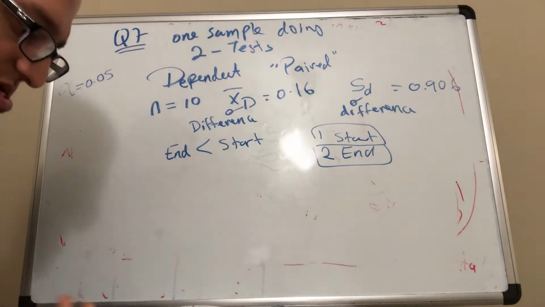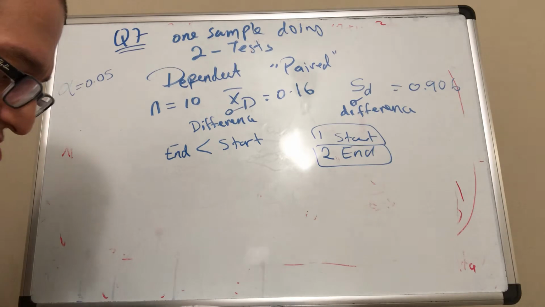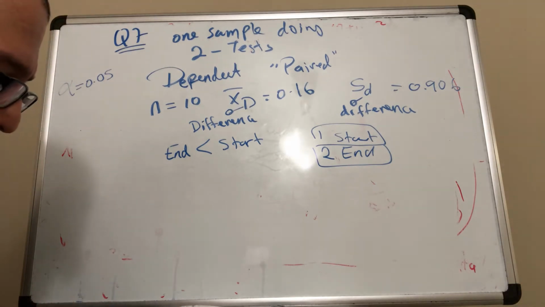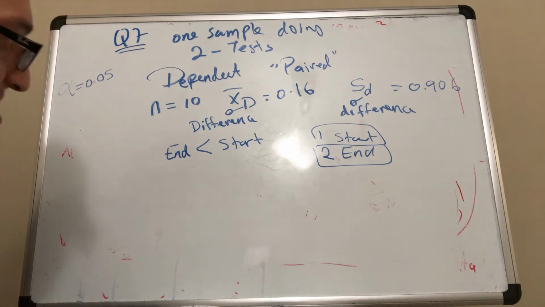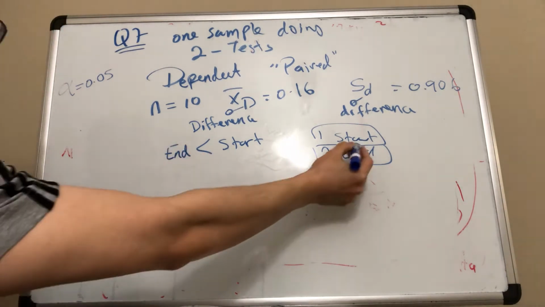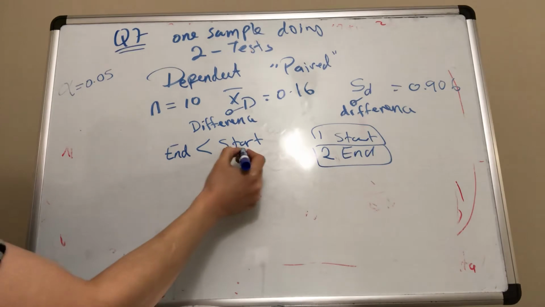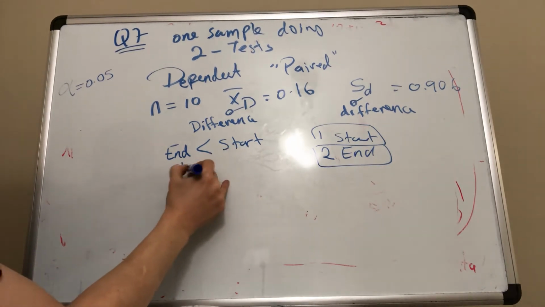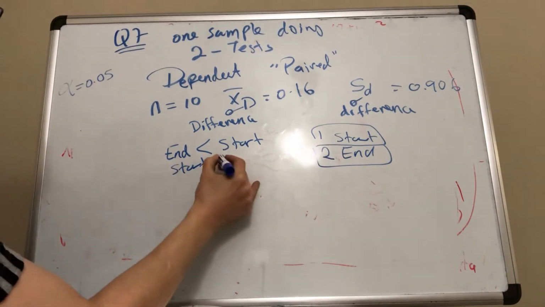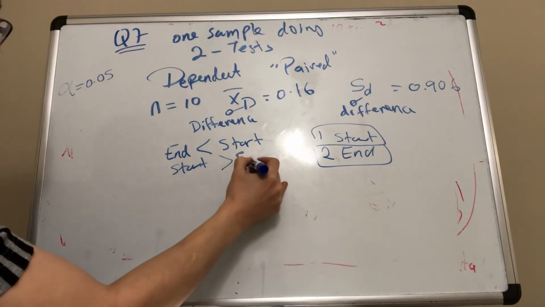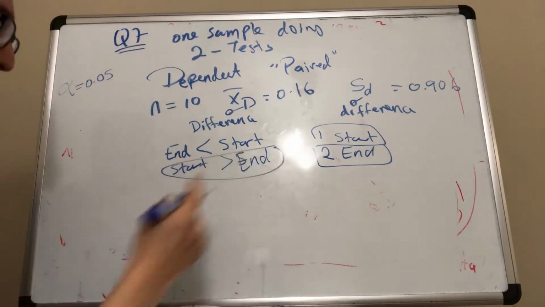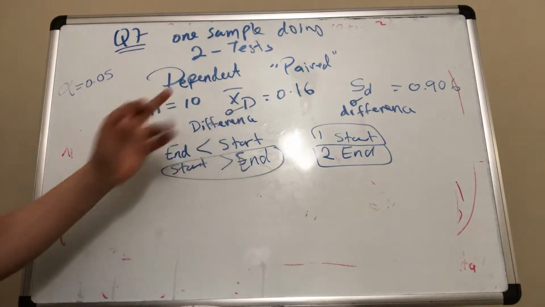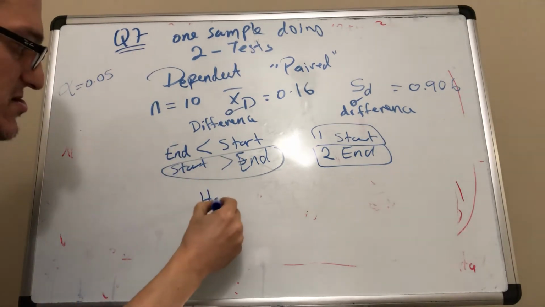They tell you in the question it's effective when it's lowering the A1C. So we want the end to be less than the start. But if we do it in terms of the start, we want the start to be more than the end. So we're going to do it with respect to the start, because that's group 1. H0, HA.